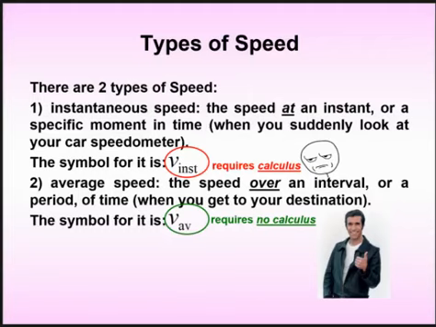Whatever your brain remembers at that moment, that's your instantaneous speed, and it requires calculus. Average speed is the speed over an interval, which is what they do at races and competitions.